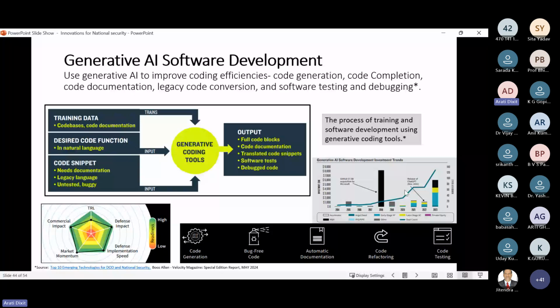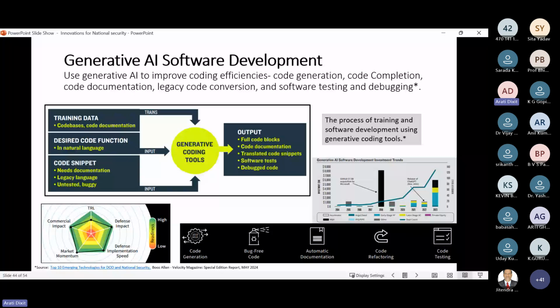Investments are huge in this area of using generative AI for software development. So these are different use cases you see in the black on the right bottom corner: code generation, bug-free code, automatic documentation, code refactoring, code testing, and so on. So yes, this is going to disrupt the way software is being developed in coming years.